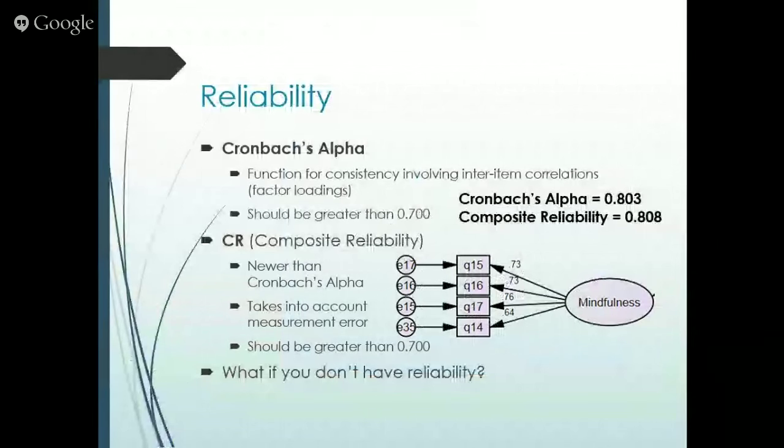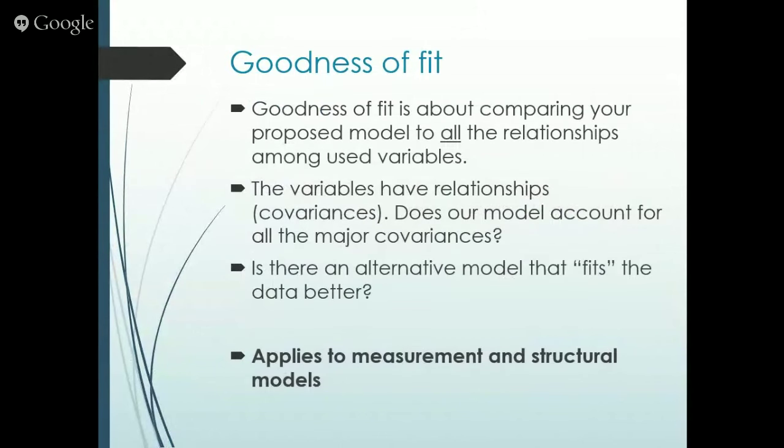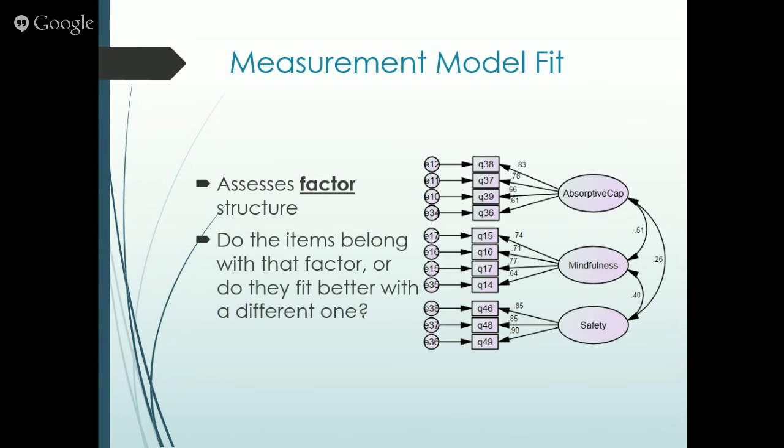Okay, we talked about these. Goodness of fit. Goodness of fit applies to both measurement models and structural models. But we're going to talk about it in the context of both, actually. So in a measurement model, model fit assesses to what extent the constraints we are placing, because this is a constrained model. We said these items belong with this factor, these items belong with this factor.